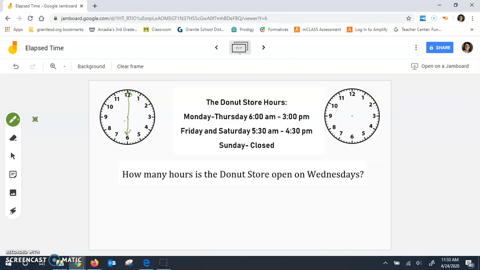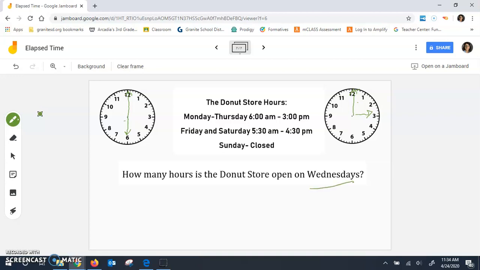And they close at 3 p.m. So I'm not changing in minutes. My minutes don't change. I'm not going to be at 3:30. I'm still here at the top. So I can just move my clock hand in my brain around until I get to 3 o'clock. We've got to figure out how many times we're going to move our minute hand around, and that will give us how many hours the donut store is open on Wednesdays.